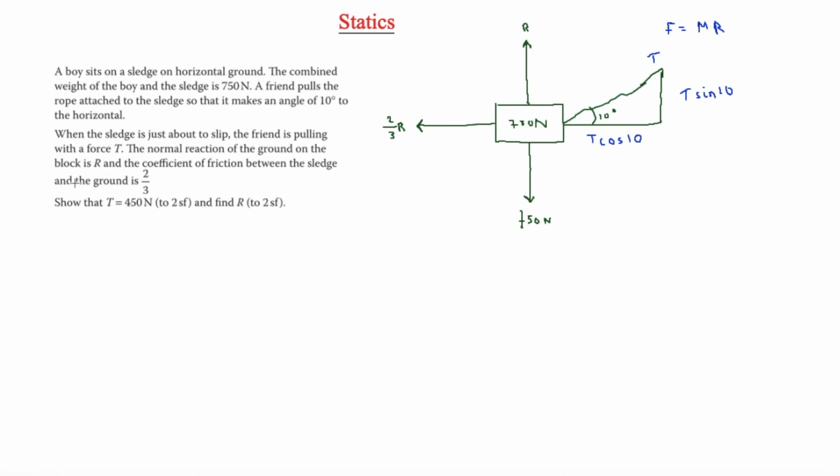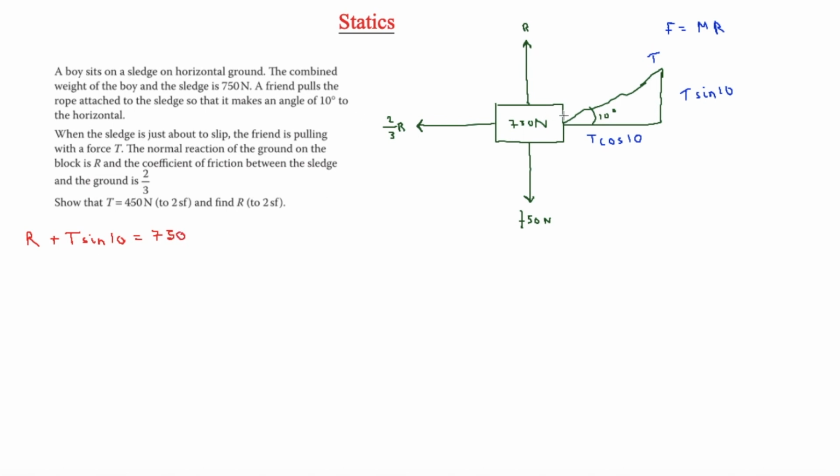If we start off by doing vertically, we're going to get everything which is vertical, so that's going to be R, and then we've got T sine 10, so it's R plus T sine 10. Because it's in equilibrium, the forces up are going to equal the forces down. So R plus T sine 10 is going to be equal to 750.